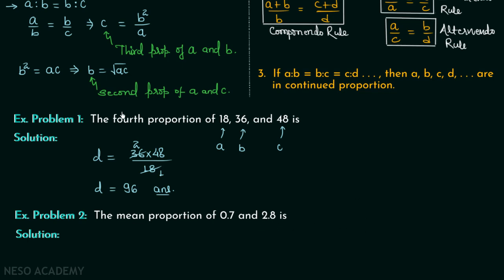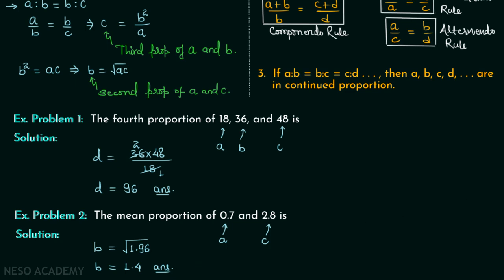And we know the mean proportion is the second proportion B, and it is the second proportion of A and C. So 0.7 is A and 2.8 is C. And B, the mean proportion, is equal to under root A multiplied by C. 0.7 multiplied by 2.8 will give you 1.96, and under root 1.96 is equal to 1.4. So this is the answer of our second example problem.